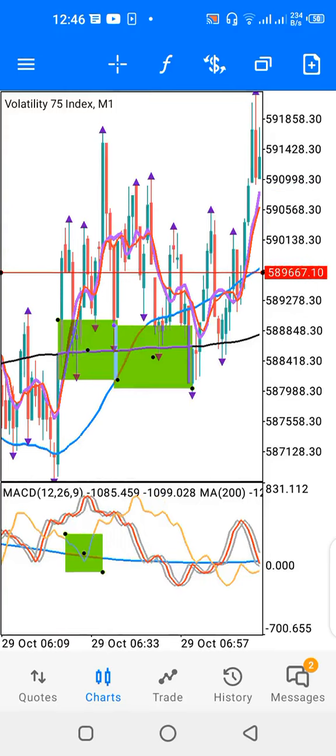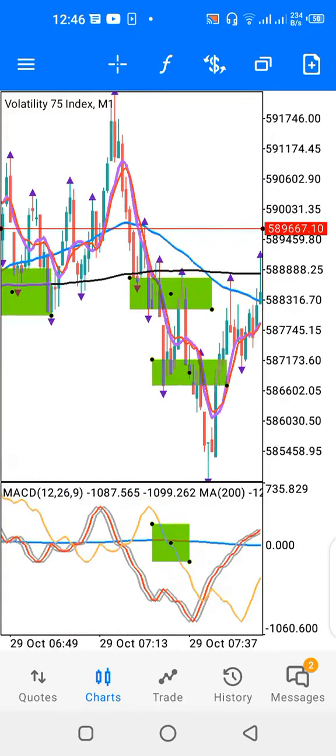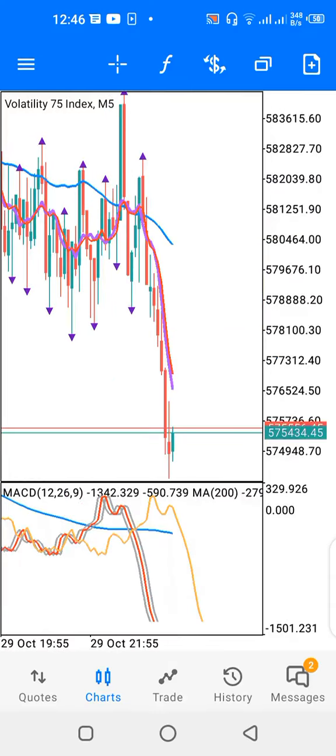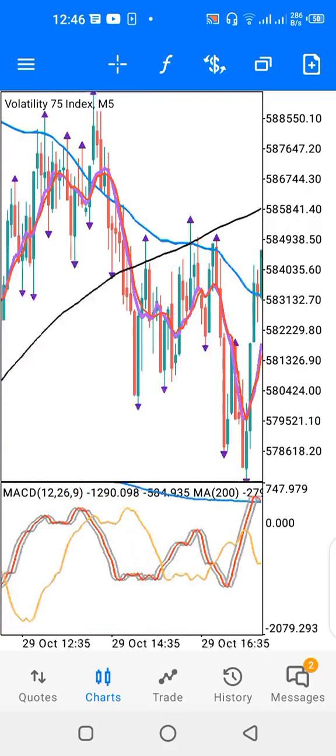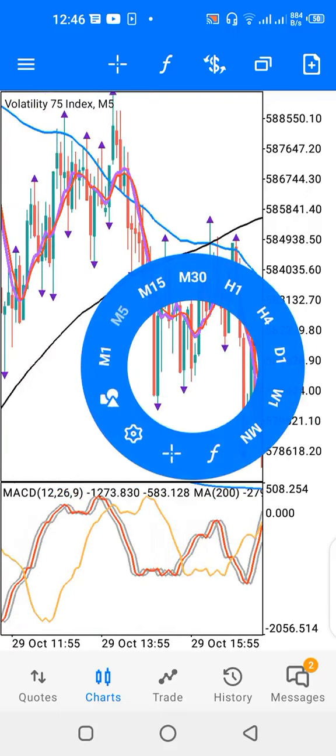Check it with history. This strategy can be used on the 5 minutes time frame. Looking at the 5 minutes time frame, this is a sell signal.